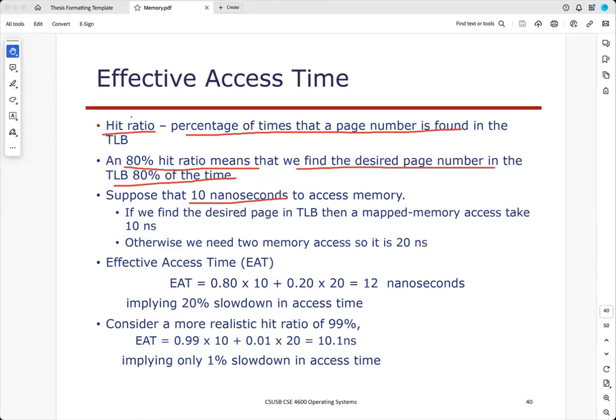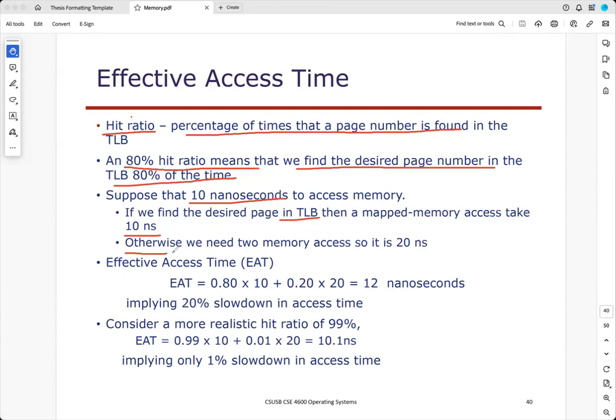If we have a TLB hit, we only need one memory access to get the data or the instruction, which is 10 nanoseconds.